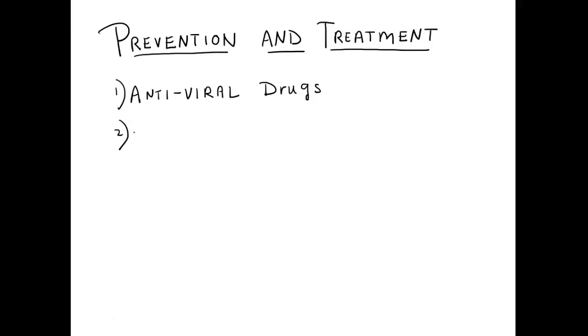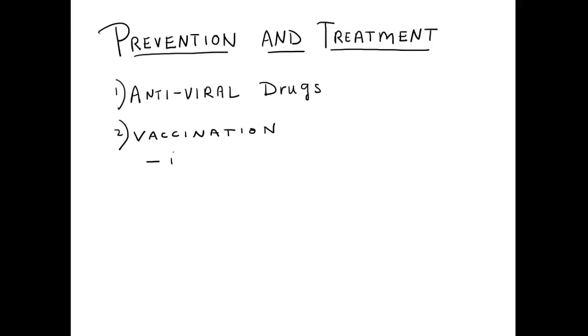Drugs like acyclovir, which is used against herpes simplex virus and also against chickenpox, and azidothymidine, which inhibits the reverse transcriptase of HIV, and also protease inhibitors, which inhibit viruses like HIV. And various combinations of these drugs are then used to prevent HIV infection or to slow the replication of HIV after it's already infected a person.